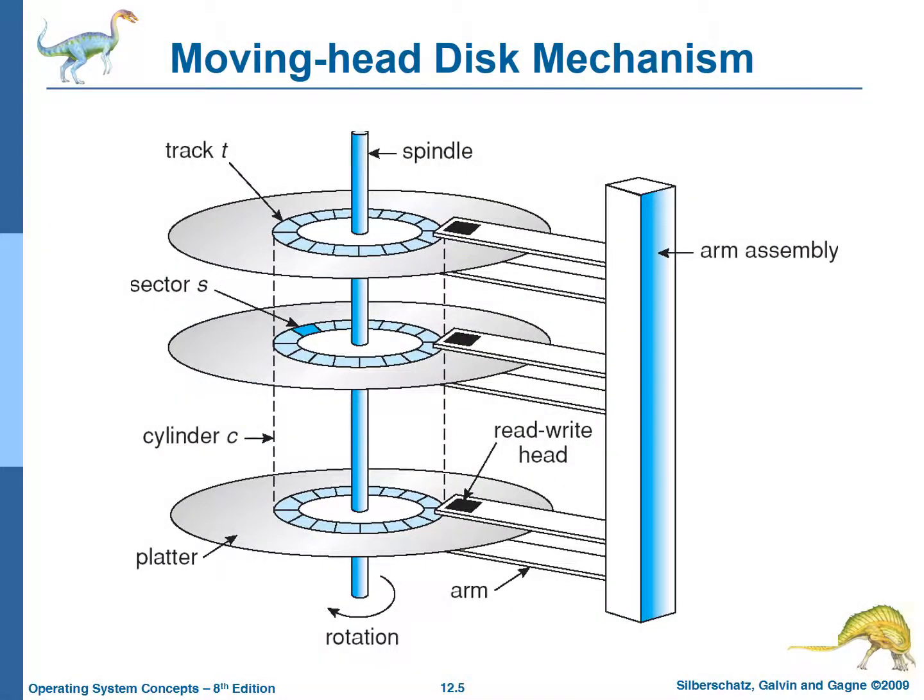Moving head disk mechanism. In modern computers, most of the secondary storage is in the form of magnetic disk. Hence, knowing the structure of a magnetic disk is necessary to understand how the data in the disk is accessed by the computer. A magnetic disk contains several platters.